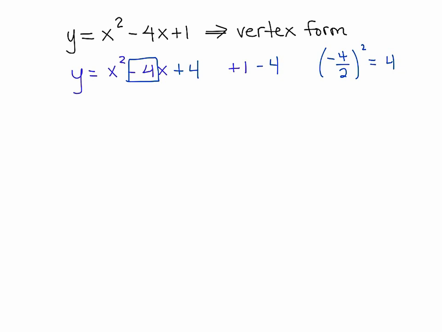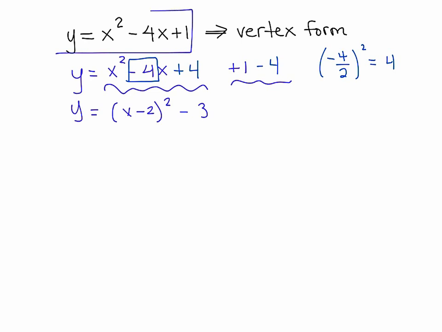Now we're going to complete the square. The first 3 terms factor out as (x minus 2) squared. Simplify these two numbers, we have negative 3. So y is equal to (x minus 2) squared minus 3 is the vertex form of this equation.